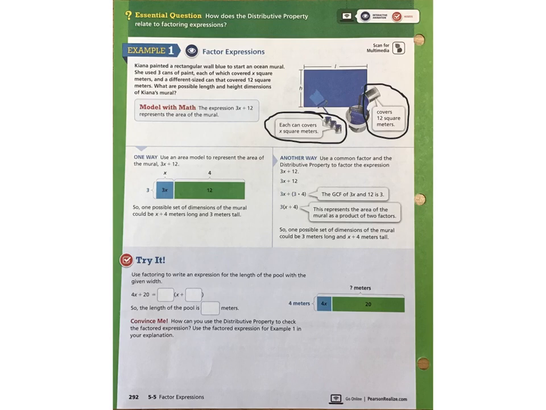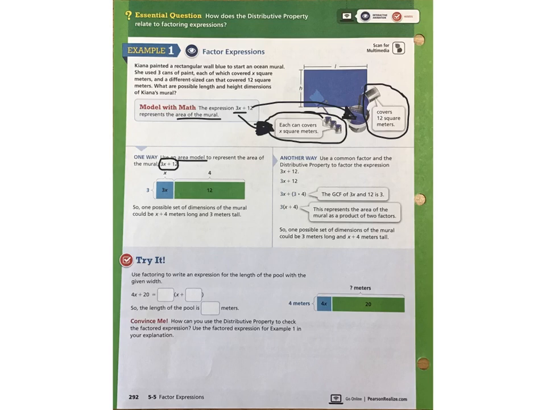So the expression 3x, which represents these 3 paint cans that all cover x meters, plus 12, and the 12 represents the other can, represents the area of the mural. So one way to use an area model to represent the area of the mural is the expression 3x plus 12. Now, we need to find the dimensions of that mural.